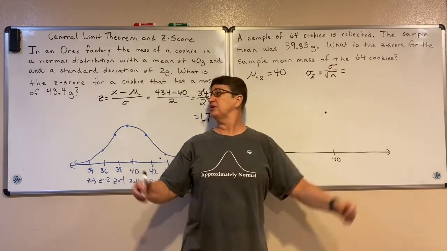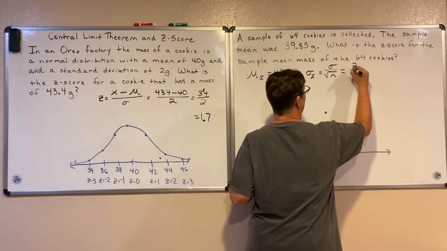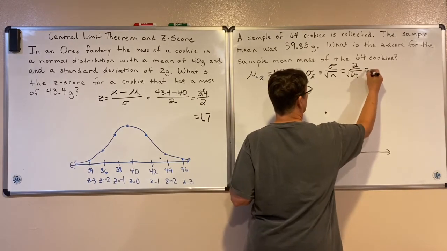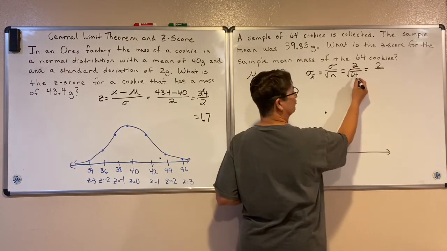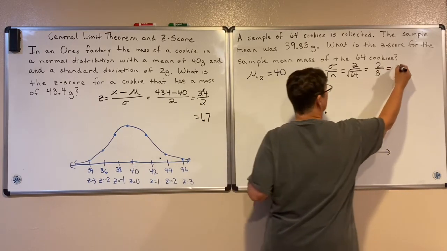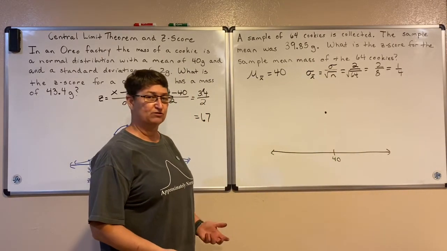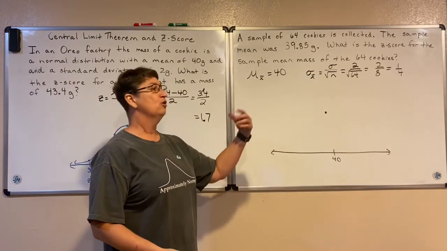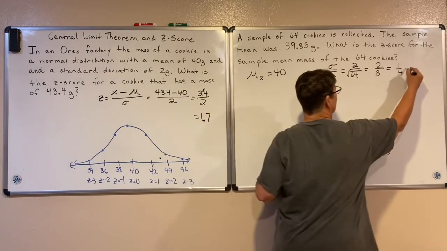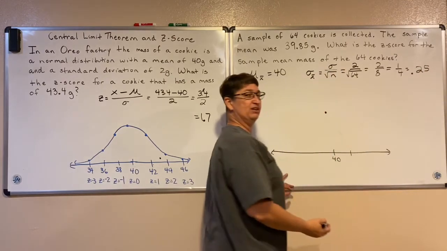So my standard deviation was 2 grams, and I'm going to divide that by the square root of my sample size of 64. So I have 2 divided by, well, the square root of 64 is 8, or that is 1/4, or maybe you could call that 25 hundredths. This is equal to 25 hundredths. 1/4 is 25 cents.